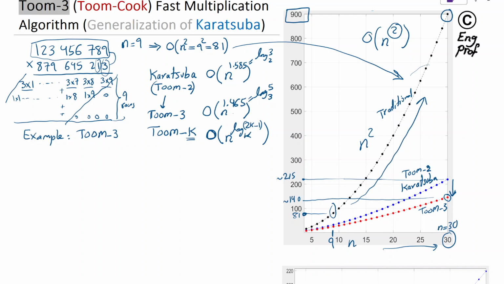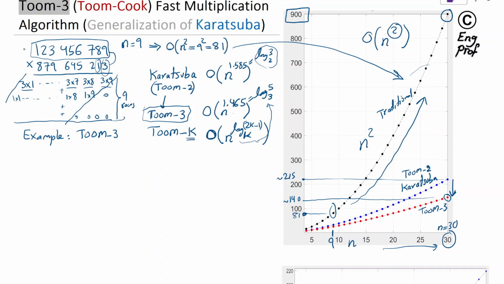You can see that when you substitute k equal to 2 to get Karatsuba or Toom2, you get exactly log 3 base 2. If you substitute k equal to 3 for Toom3, which we are going to cover in an example here, then this becomes log 5 base 3. Okay, so for Toom3, focus on the example that I have provided here.